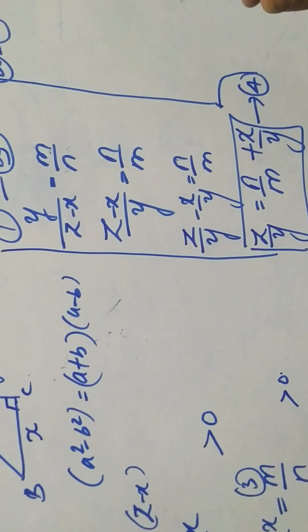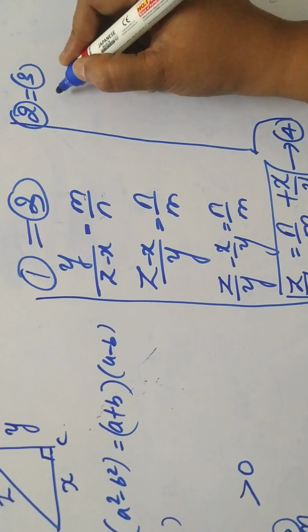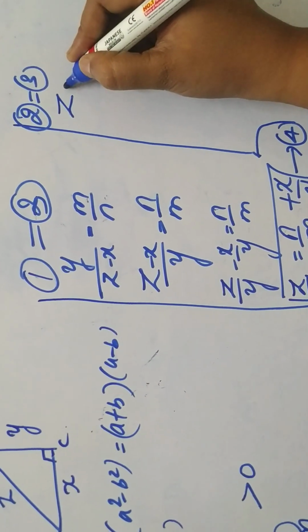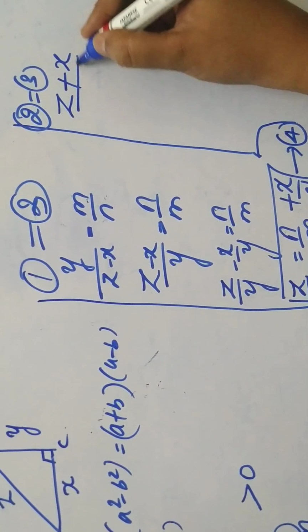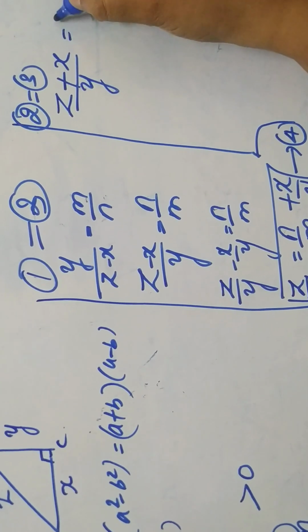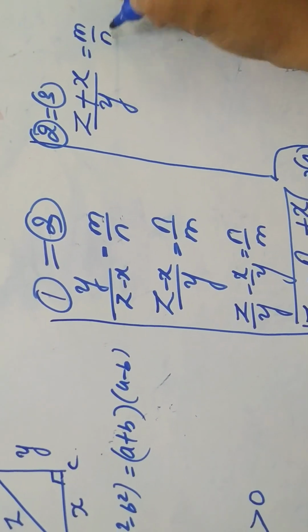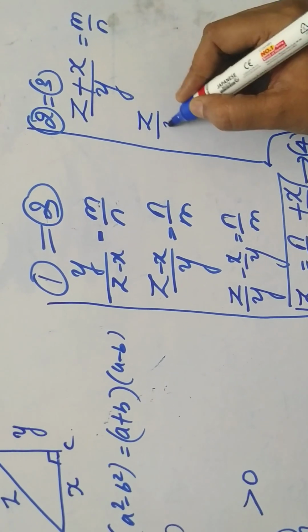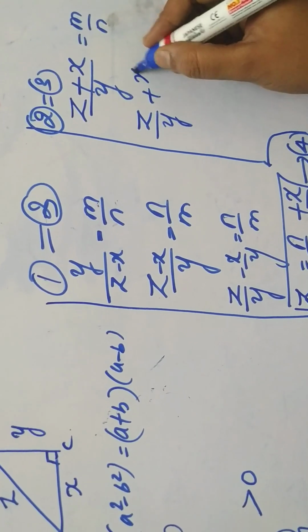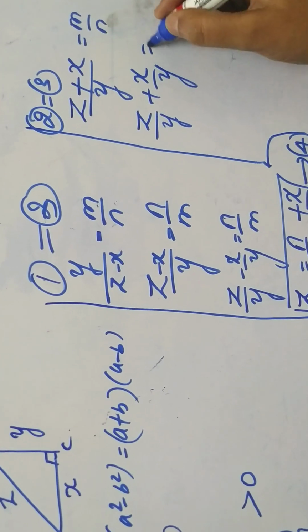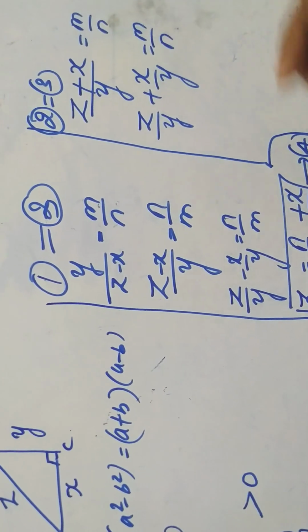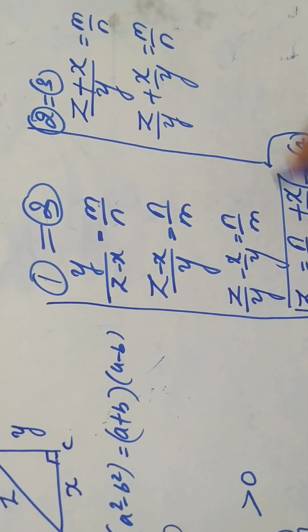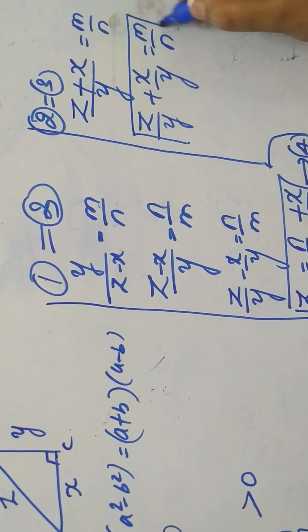So we will use the same term here also. z plus x by y is equal to m by n. This can also be written as z by y plus x by y is equal to m by n. We'll take this as fifth equation.